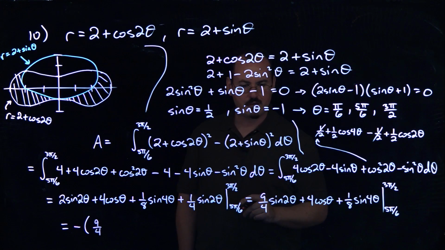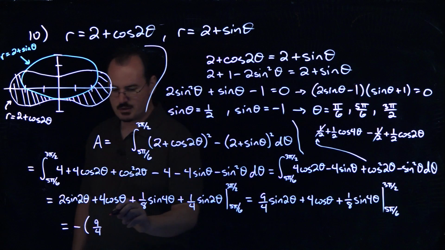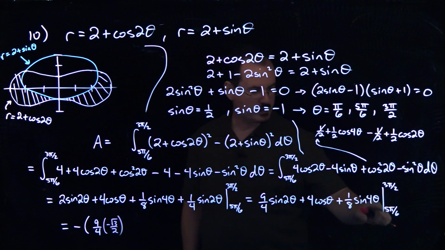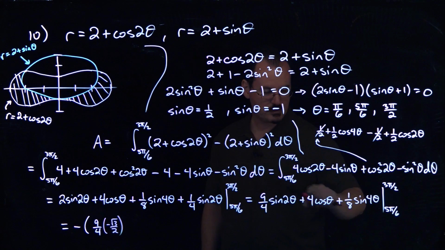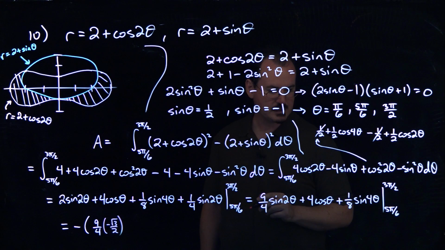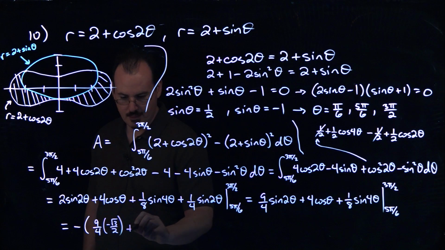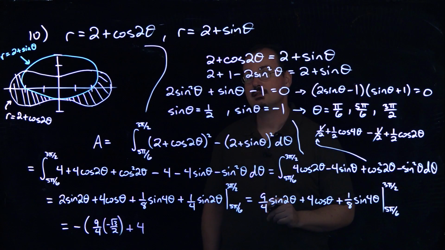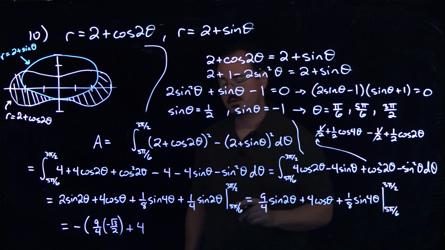Sine of 5 pi over 3, what is that? Negative root 3 over 2. Then when I plug 5 pi over 6 into the next one, 4 times the cosine of 5 pi over 6. Cosine of 5 pi over 6 is negative root 3 over 2 also.